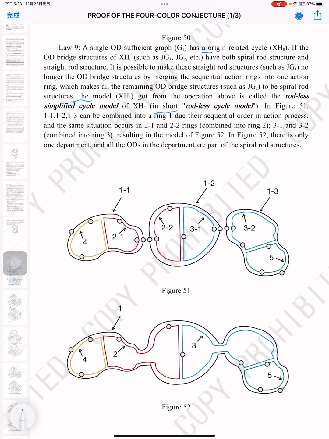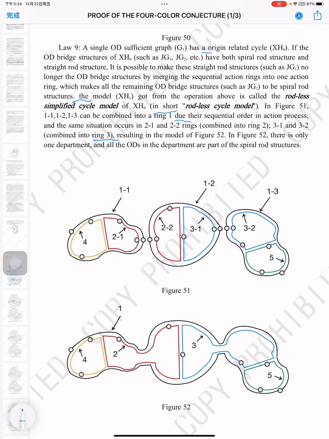1-1, 1-2, 1-3 can be combined into a ring 1 due to their sequential order in the action process. And the same situation occurs in 2-1 and 2-2, rings combined into ring 2. 3-1 and 3-2 combined into ring 3, resulting in the model of figure 52.